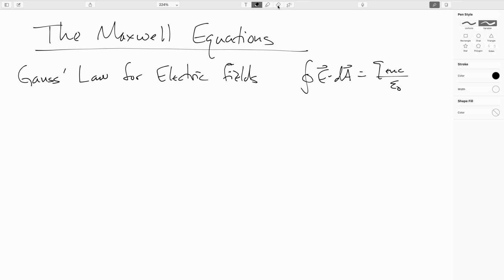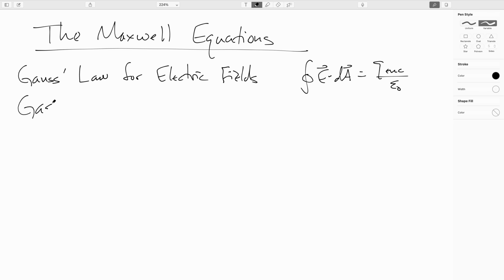So what Gauss's law for electric fields is saying is that a way, not the only way, we'll see, but a way to make an electric field is to have electric charges hanging out. Electric field lines start and stop on electric charges. They start on positive ones, stop on negative ones. And that's what this is saying.